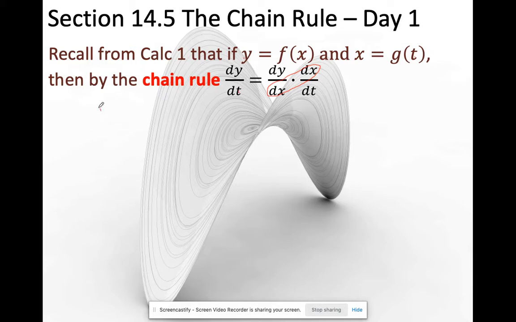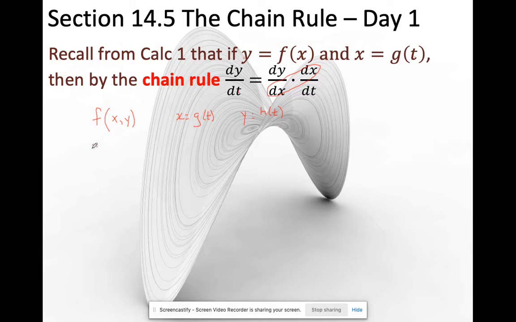Now, what if I have a function that is defined in terms of two variables, but I also have that x is some variable in terms of t, and y is some other function in terms of t, right? So here I still want a composition.